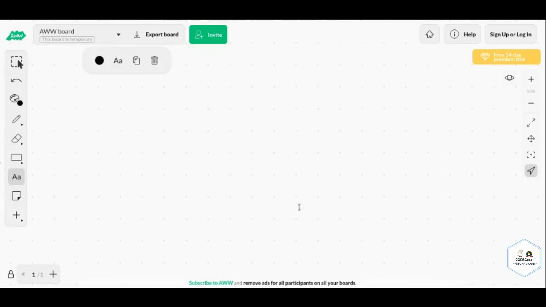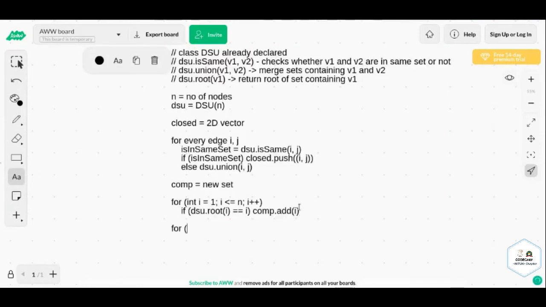Okay, so let's say from i equal to 0, i less than closed dot size.